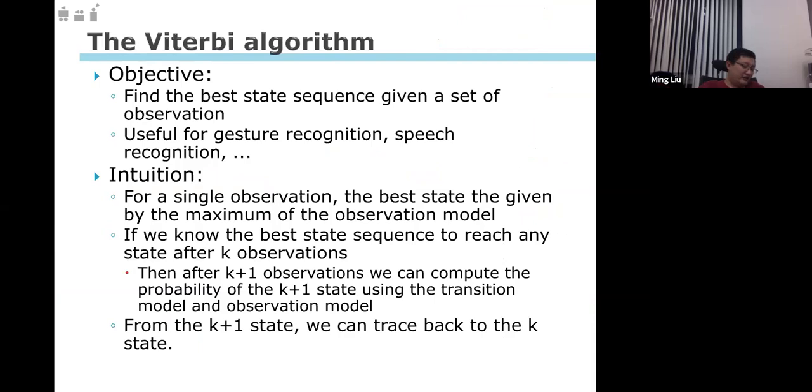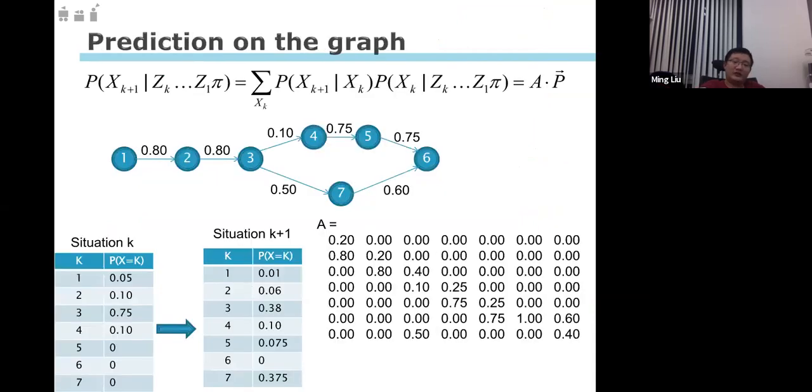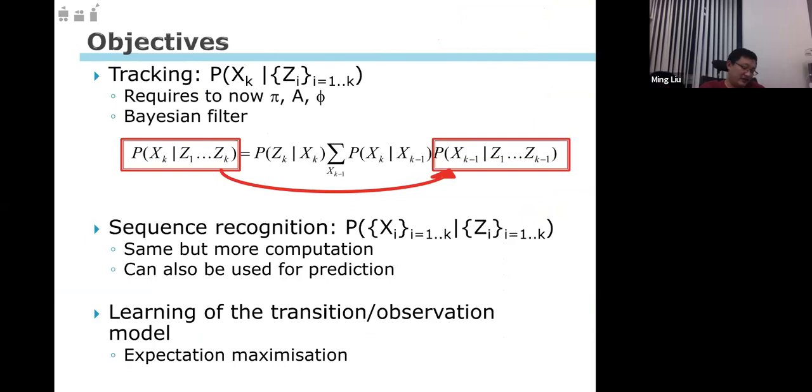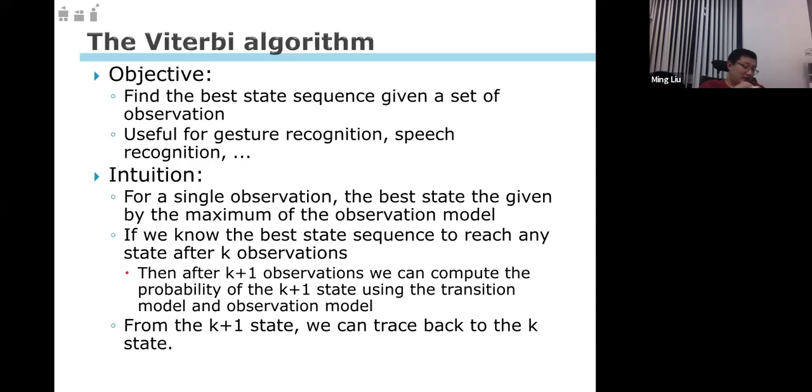Secondly, following our previous discussion here, let's solve the second one. The first part is the prediction or tracking. The second one, we want to look at what will be the best sequence X to describe this set. Let's look at this problem. That can be solved by the so-called Viterbi algorithm.